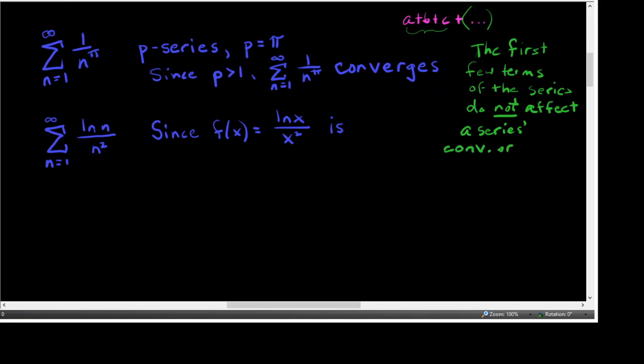So if the first few terms aren't well behaved, but we can conclude that starting, let's say, the fourth term, that from the fourth term on it converges, then take that sum, even if you don't know what it is, and add to it a and b and c, then it will converge.